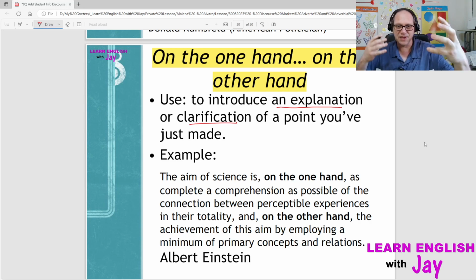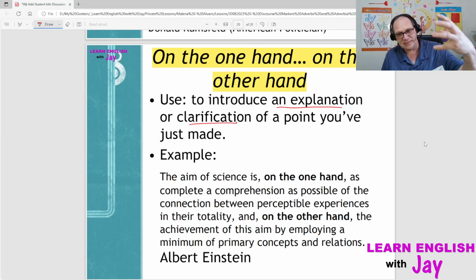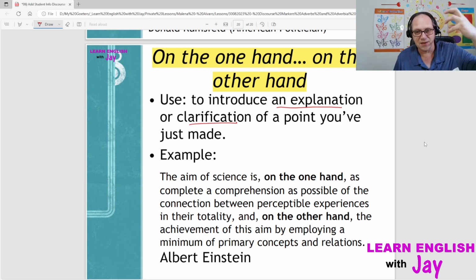So the aim of science is, on the one hand, as comprehensive an understanding as possible of the connection between perceptible experiences in their totality, and on the other hand, the achievement of this aim by employing a minimum of primary concepts and relations. So we are explaining what science is.